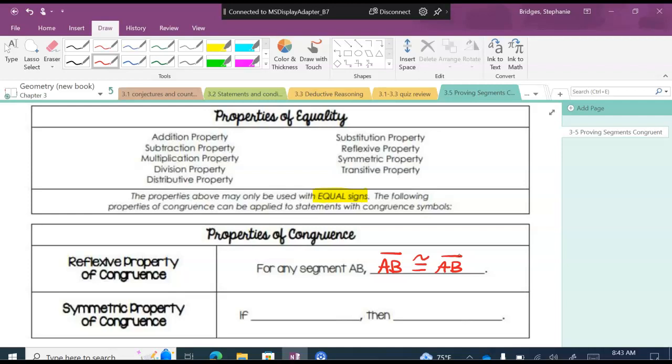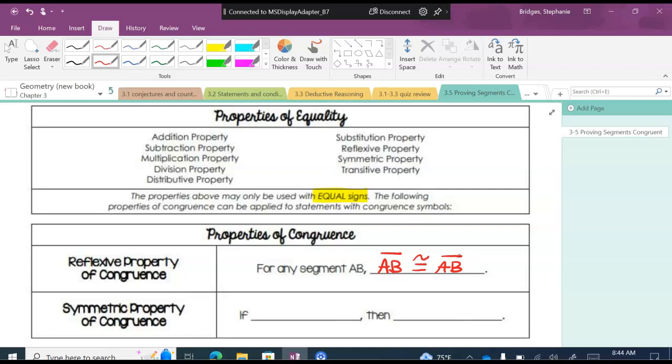Congruent means same size and same shape. If they're both segments, they're the same shape. In order for them to be the same size, they have to have the same length. But if you're talking about this pen, it's congruent to itself. It's the same shape, the same size, same length, same exact shape.